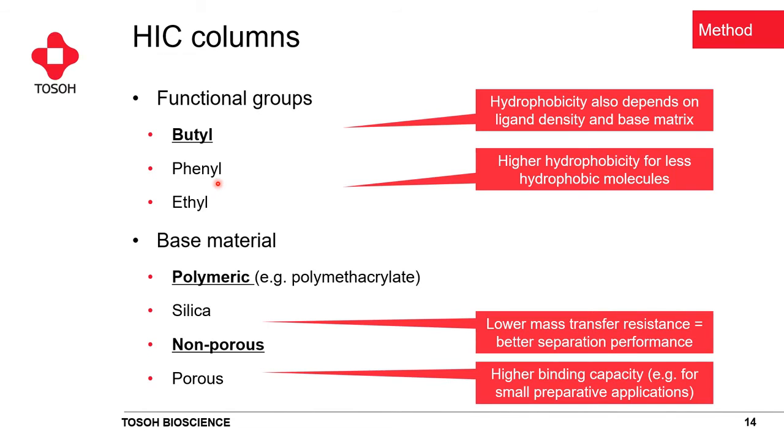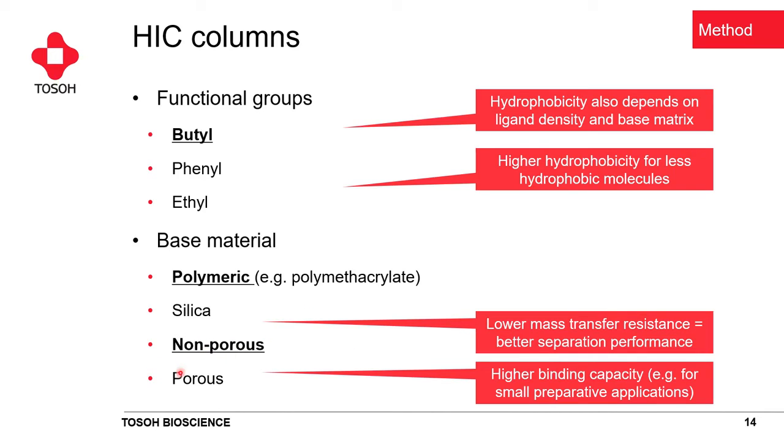Secondly, we find columns with different base materials. So there are columns that have a polymeric base material, such as polymethacrylate. This is what we use, for instance. You find silica-based columns, porous and non-porous columns. Typically, and this is why I always highlighted these, what you will find for protein analysis is butyl groups that have a polymeric base matrix, and that is non-porous.